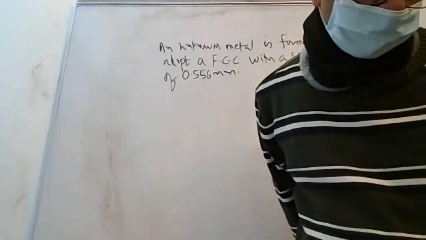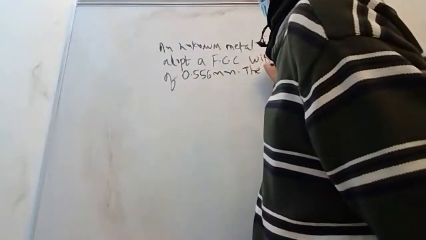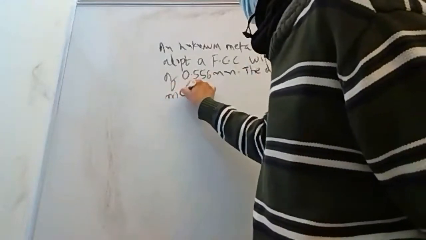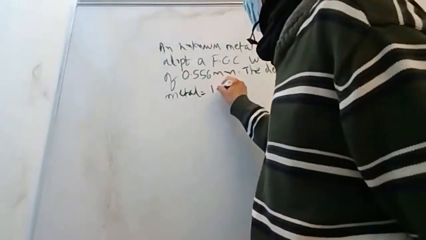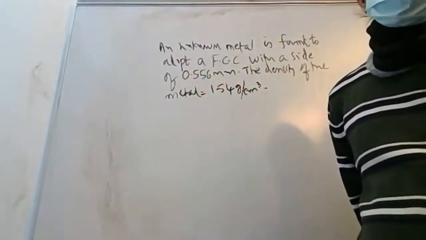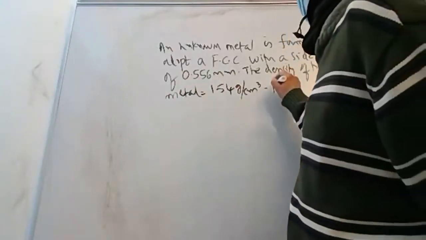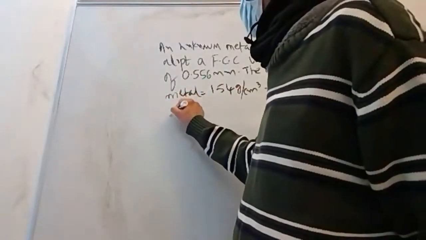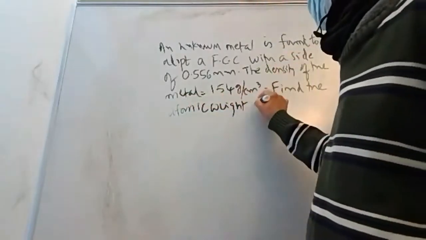And the density of the metal is found to be 1.54 grams per cubic centimeter. My question then is, based on this data, find the atomic weight of this metal.